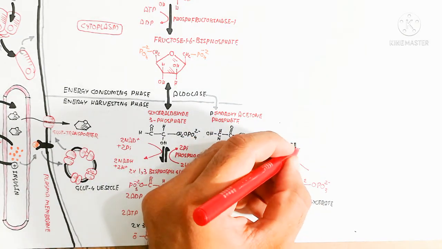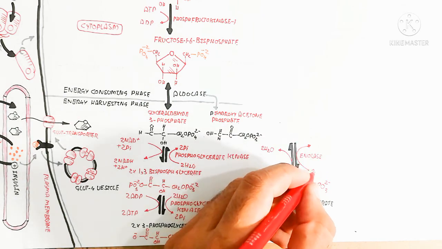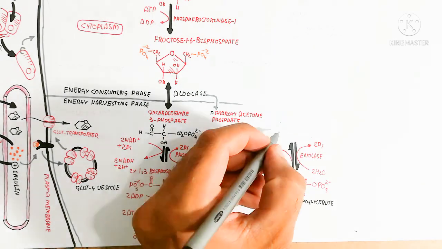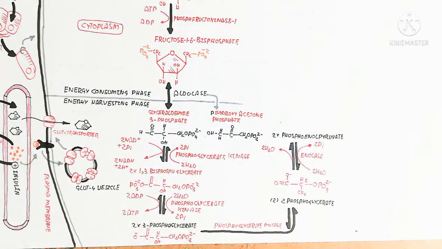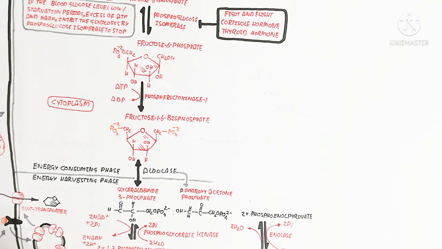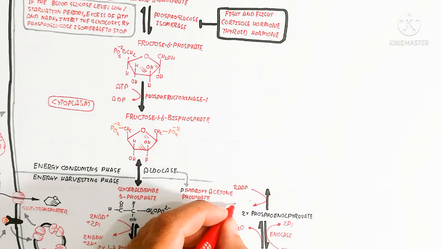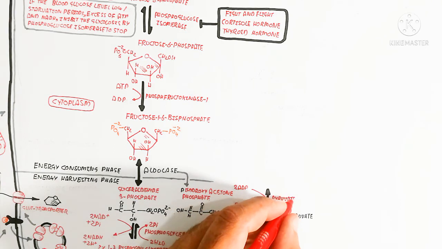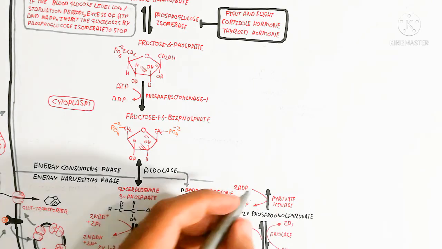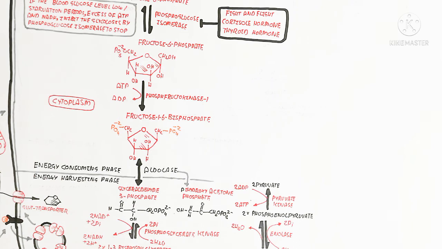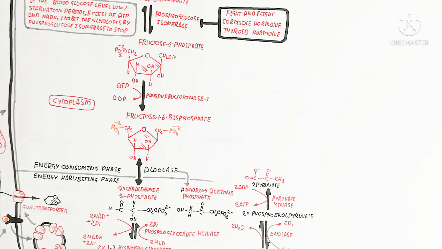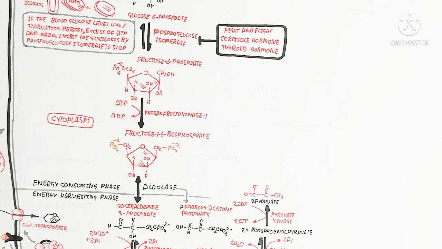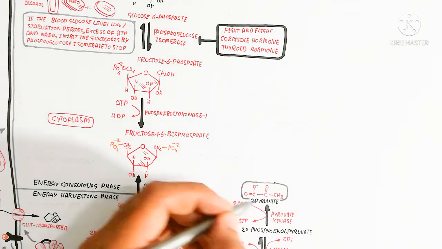Then the enolase enzyme is used to add water and remove the phosphate group, and releases water. So you should remember that it produces 2 molecules of phosphoenolpyruvate, and then the pyruvate kinase enzyme, using ADP, produces 2 ATP molecules and 2 pyruvate molecules. So I hope that makes sense about glycolysis.